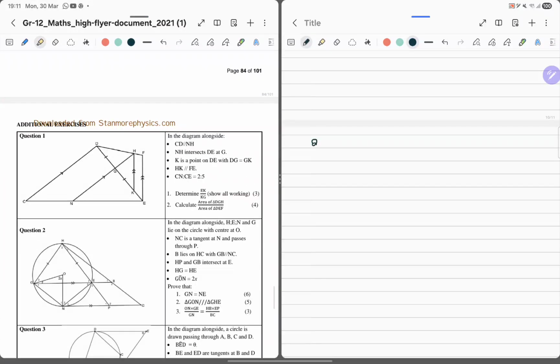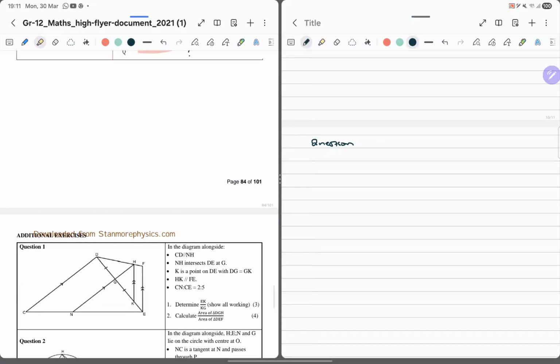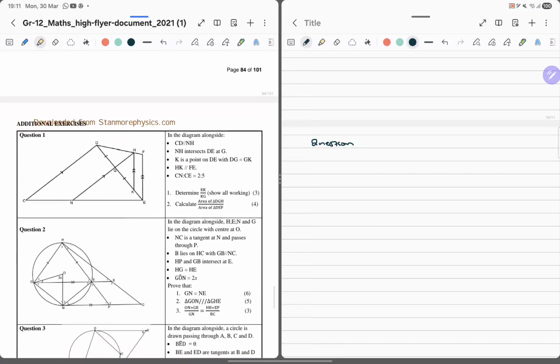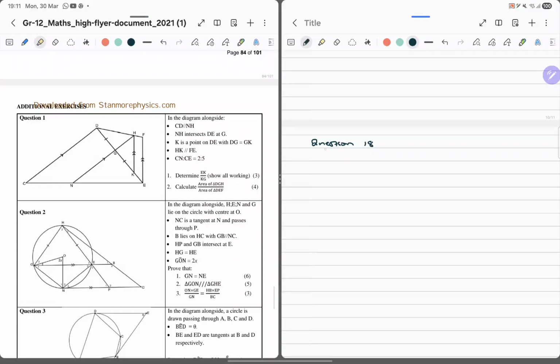All right, let's do this question. Now, that was question 17. We're going to make this one 18. Okay, I'm adjusting it because this one says 1, but there's no 1 here.